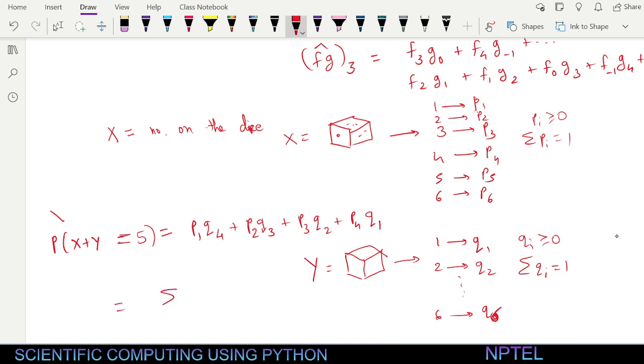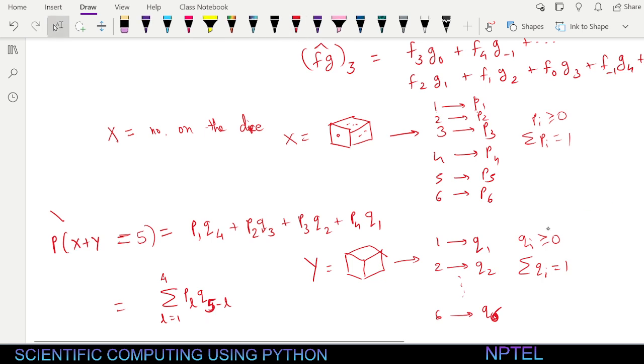So this we can write as p_l q_(5 minus l), where l runs from 1 to 4. Sorry, the total is 5, so it's 1 to 4.